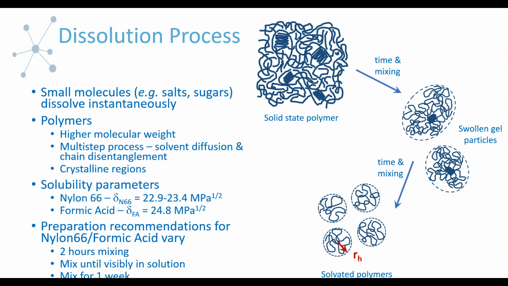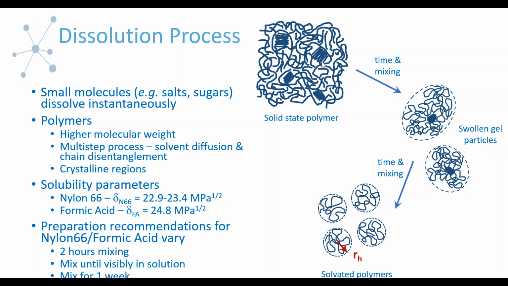Unlike simple sugars or salts that just have to release from the lattice structure and go into solution, now you have, in this image of the solid state polymer, a dense, entangled structure, and in our case with nylon 6,6, since it's semi-crystalline, there are likely some even denser regions of crystallinity.